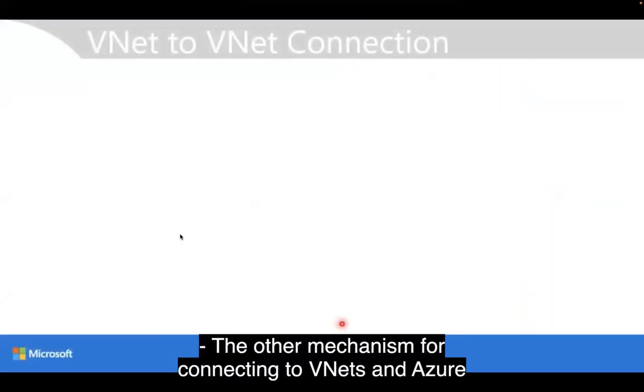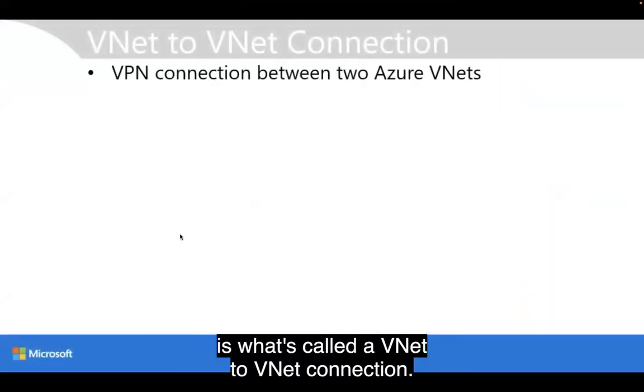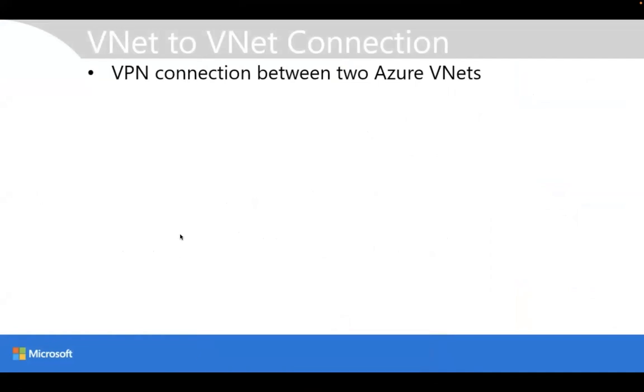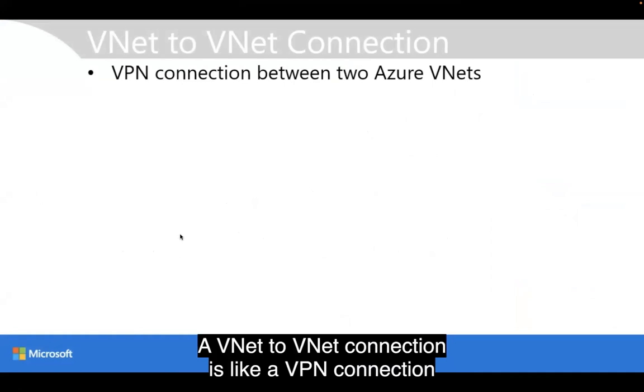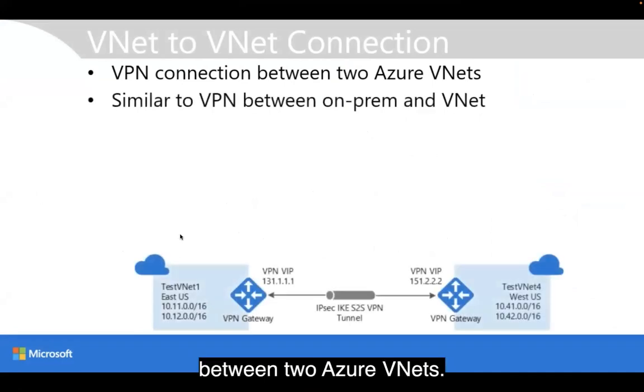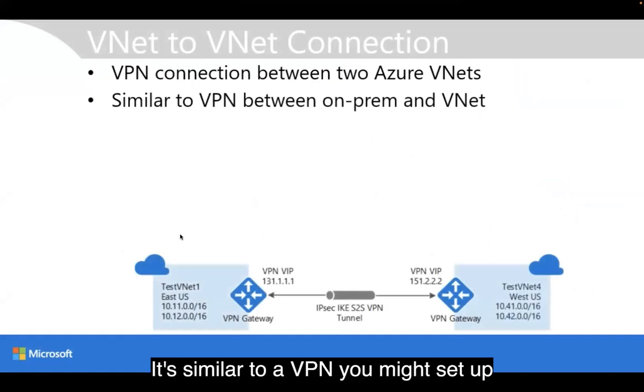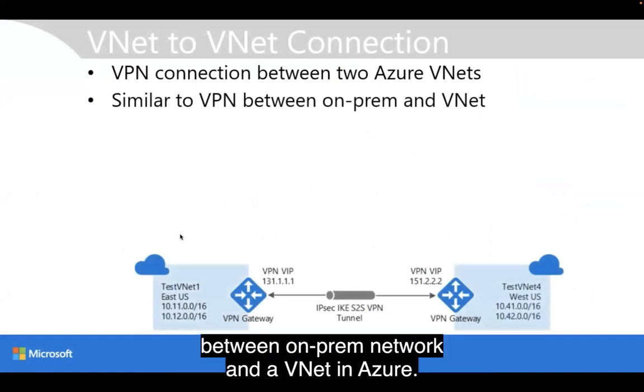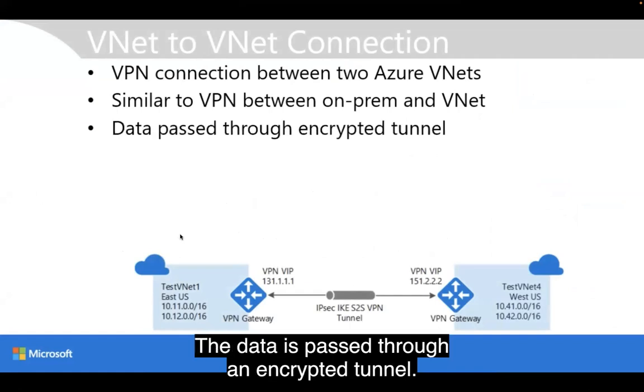The other mechanism for connecting VNets in Azure is what's called a VNet to VNet connection. A VNet to VNet connection is like a VPN connection between two Azure VNets. It's similar to a VPN you might set up between an on-prem network and a VNet in Azure. The data is passed through an encrypted tunnel.